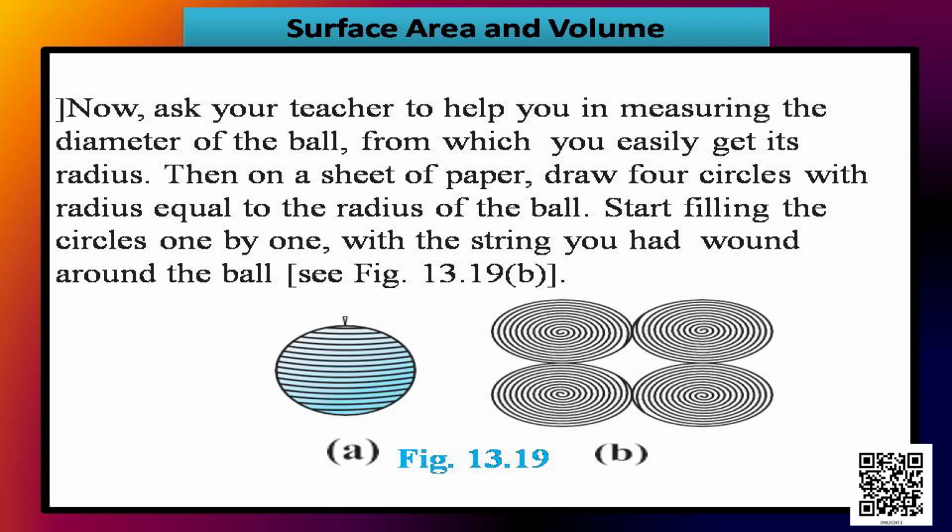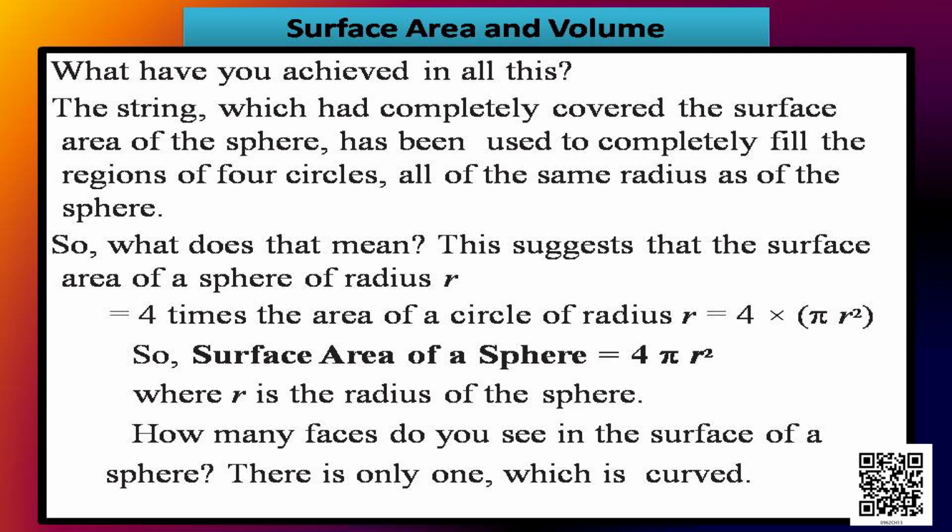Now on a sheet of paper, draw 4 circles with radius equal to the radius of the ball. Start filling the circles one by one with the string you had wound around the ball. You can see it in figure 13.19b. Students, what have you achieved in all this?